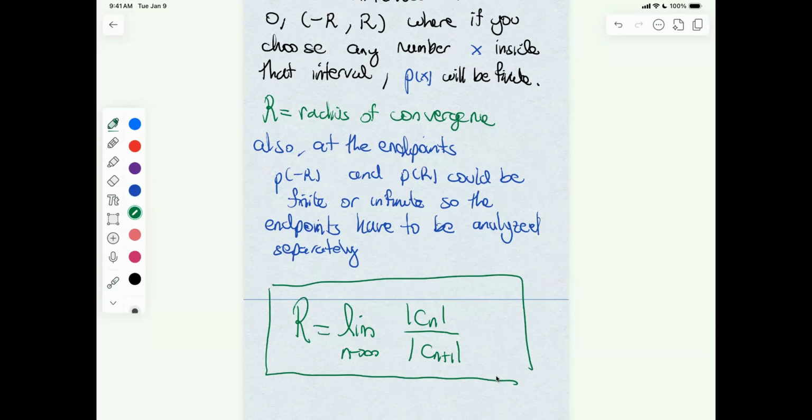I'll give maybe a 2-minute argument for where it comes from, and then we'll stop here. But this is a magic formula for finding how big the interval of convergence can be.